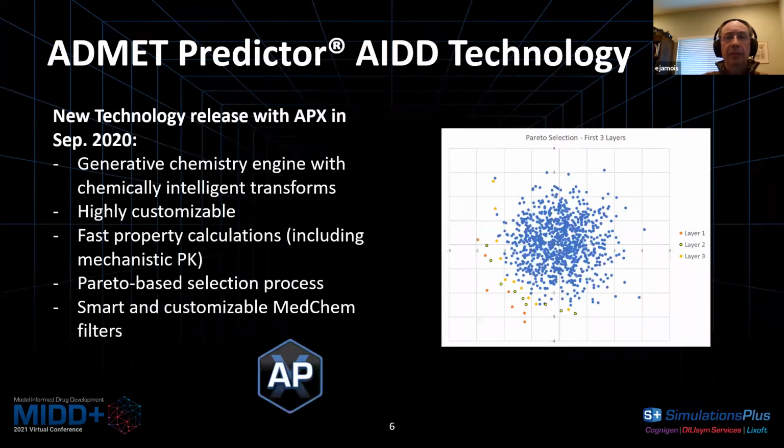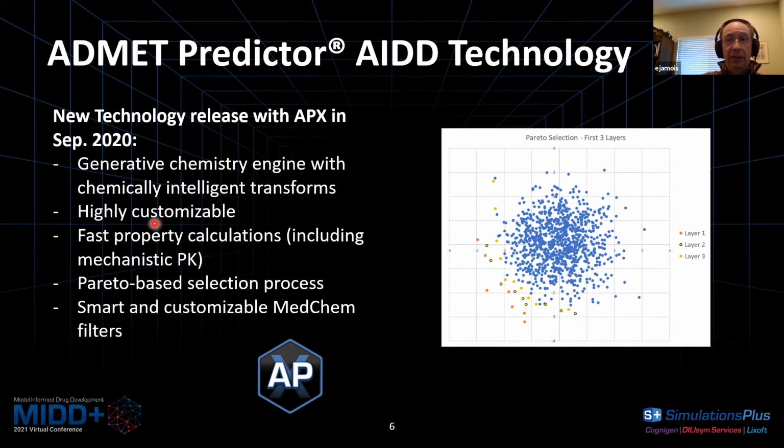And as Michael elaborated a little bit earlier, this technology was actually released commercially again in September of last year. That was the AdMet Predictor 10 release, which contained this generative chemistry engine with some chemically intelligent transforms.